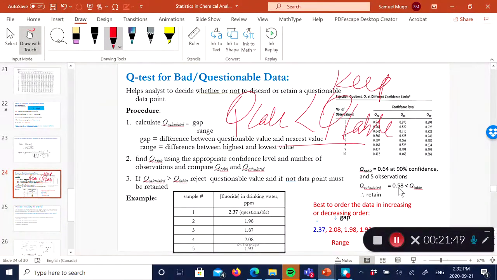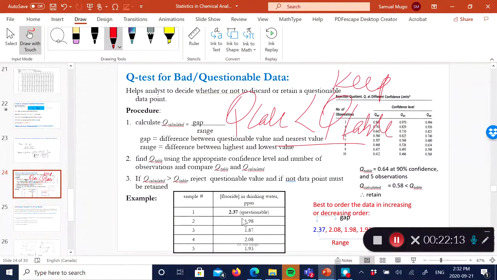0.58. If you check from the table, we had 5 measurements, that's 5. And we are looking at the 90% confidence interval in this case. And so the Q from the table, you can see, is 0.642, which is much bigger than the Q that you calculated. And so you can see our null hypothesis holds true.